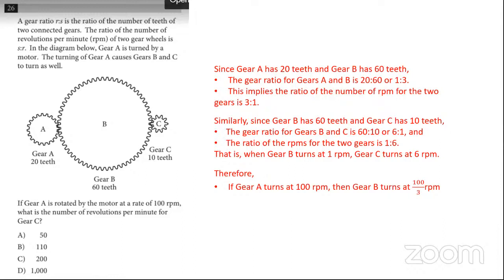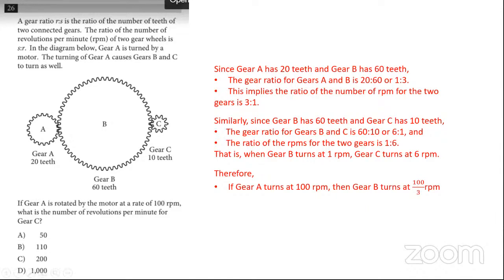Option A. Well, let's see. So we got the rate at which gear B runs to be 100 by 3 RPM. Till that it's clear, right?